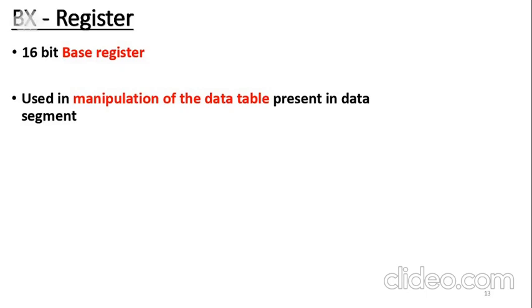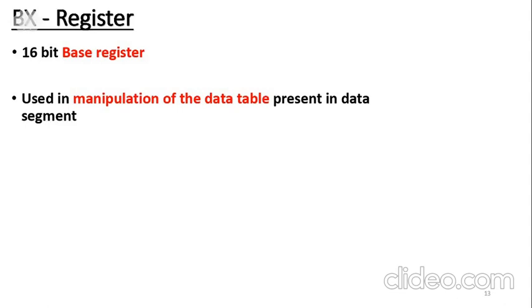The data table is already present in a data segment. 24 temperature readings are already stored in 24 memory locations. Initially, BX register will be pointing to the first offset address within that table. It means that it will be referring to the first temperature reading. This temperature reading will be taken. Whatever correction factor is to be added, that will be done. The result will be copied to that same offset location.